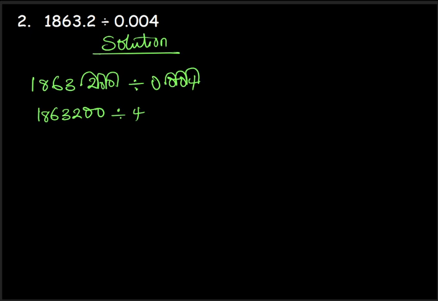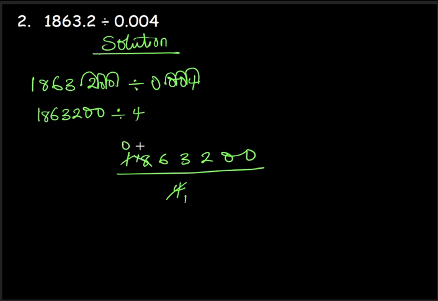Okay, so let's see what we have. Let's take it to short division. 1863,200 divided by 4. 4 into 1, 0 remainder 1. 4 into 18, 4 remainder 2. 4 into 26, 6 remainder 2. 4 into 23, that will give us 5 remainder 3. 4 into 32, that would be 8. 4 into 0, 0. 4 into 0, 0.